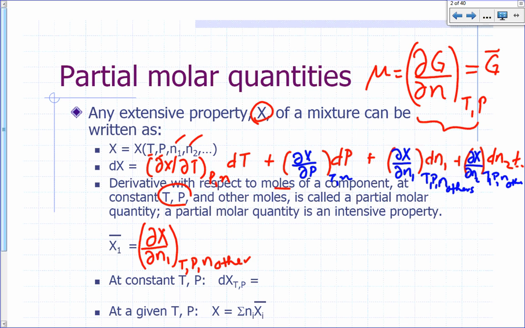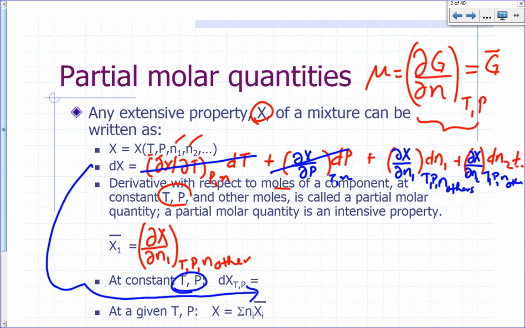Okay, so what this means then is this expression for dX, we can rewrite at constant temperature and pressure. This term will just drop out. dT is going to be 0 and dP is going to be 0.